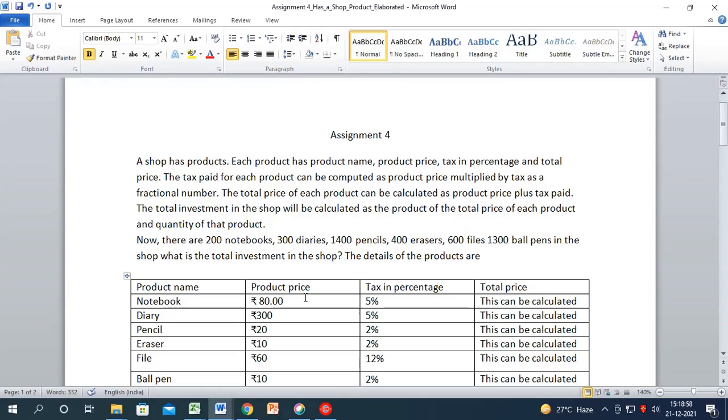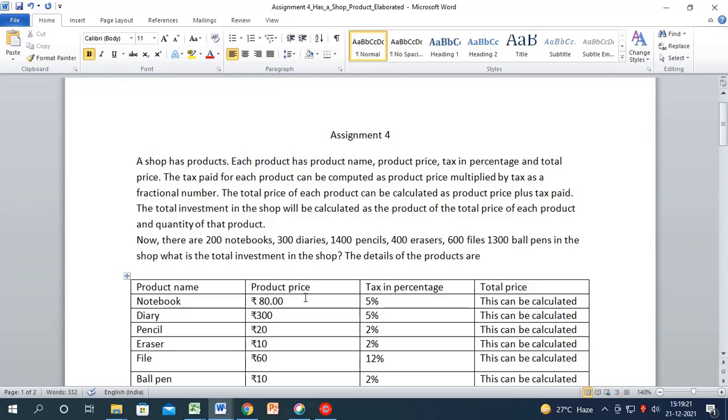From this information, like we have been doing for the earlier assignments, you have to come up with nouns, you have to come up with verbs. You will find that some of the nouns can be grouped together, out of which one noun will represent a class and the other nouns will represent the attributes or properties of the class.